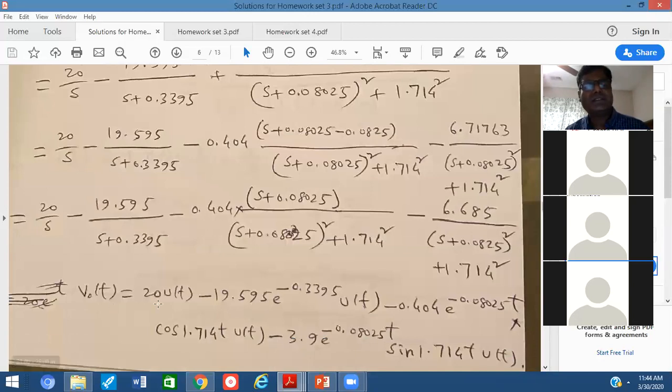So V naught T is 20 T minus 19.595 e to the power minus 0.3395 u(t), minus 0.404 e to the power minus 0.08025 T, multiplied by this function cosine of 1.714 T u(t), minus 3.9 e to the power minus 0.08025 T sine of 1.7 T u(t). So this will be the correct expression.